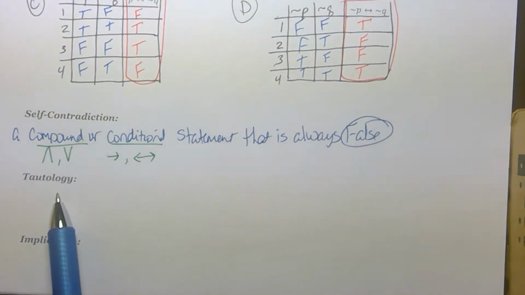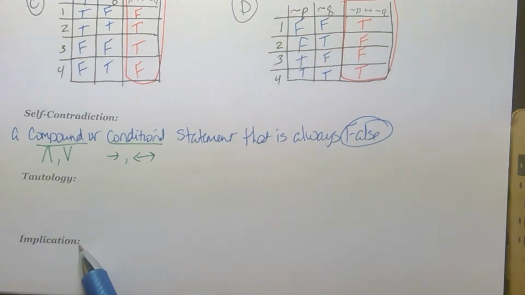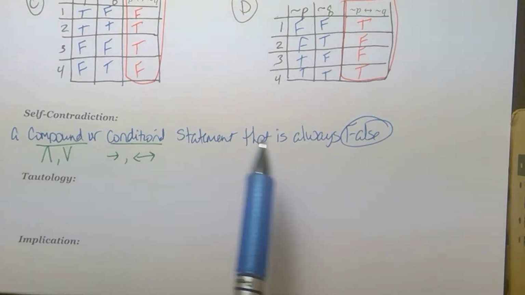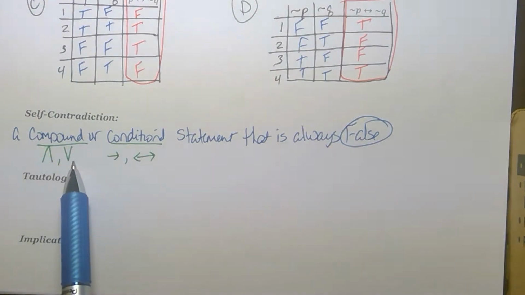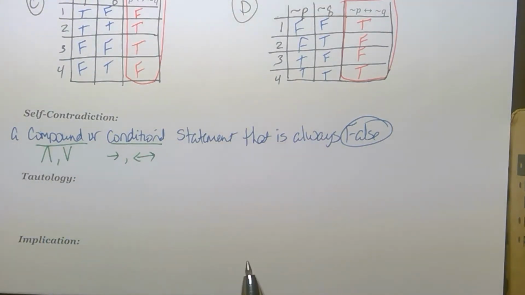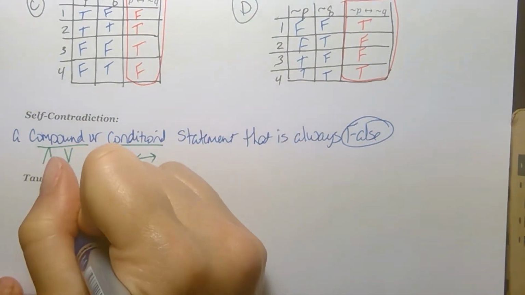All right, tautology is when the statement is always true, but we are adding an additional term for statements that are always true. A self-contradiction is something that's always false no matter what type of joining I have used, whether it's a compound or a conditional. A tautology, however, just refers to compounds, and the implication just refers to conditionals. So let's get those definitions down.